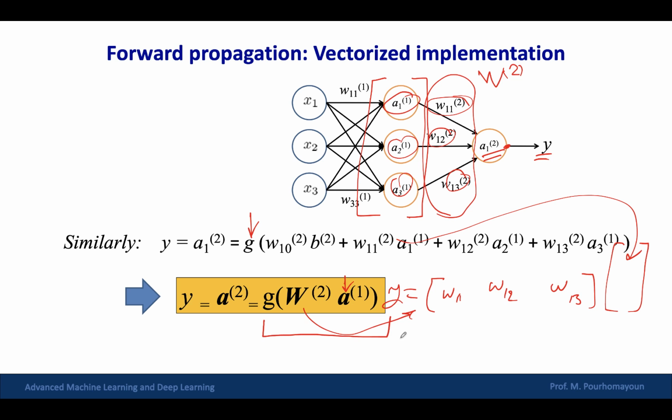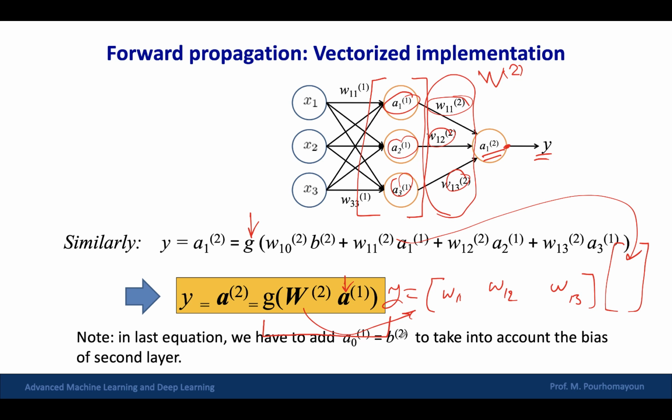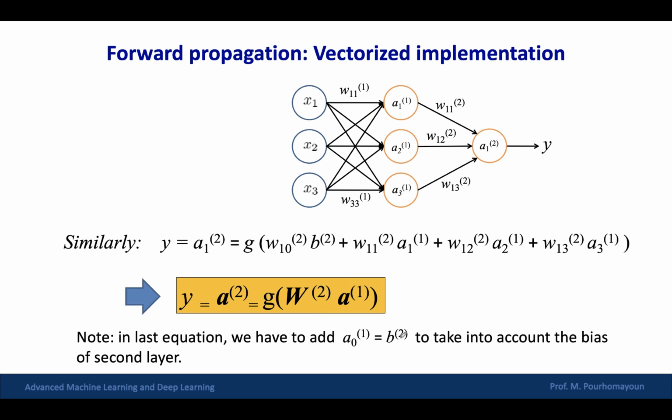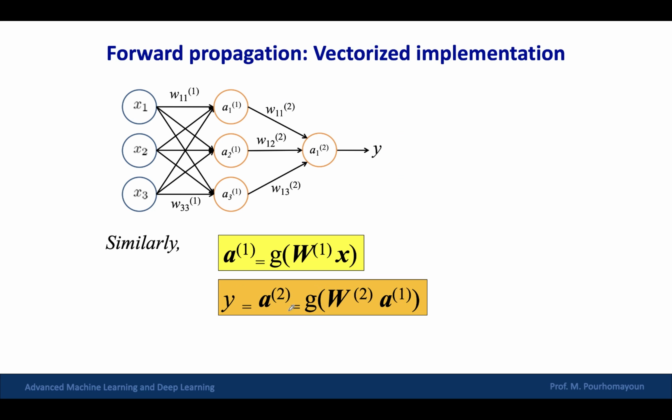Okay, very simple. So now we don't care how many layers we have, we don't care how many neurons we have. Of course, the computational complexity will be higher, but generally speaking, the equation will be the same. So this simple equation represents everything for each layer.